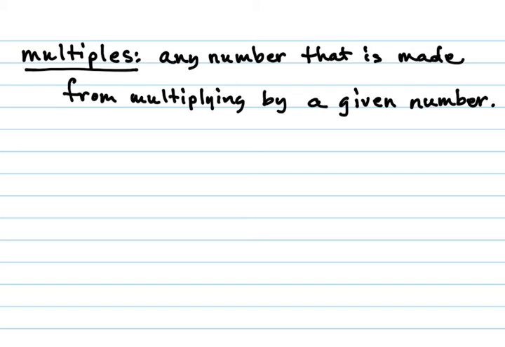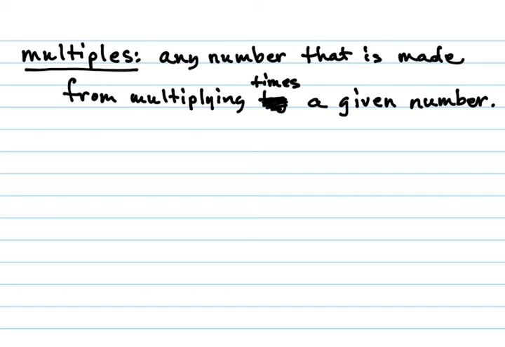Now write that down, and then we need to talk a little bit about what I'm saying here. So, in other words, if you're finding multiples, that just means you're multiplying times numbers. So, for example, multiples of 10. 1 times 10 is 10. 2 times 10 is 20. 3 times 10 is 30. Okay, so you're just multiplying over and over and over. All of those numbers that you get when you multiply are called multiples.